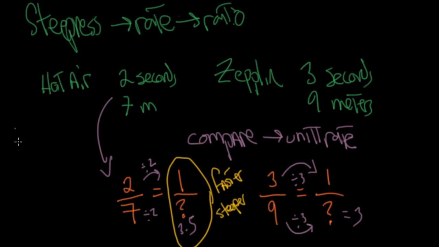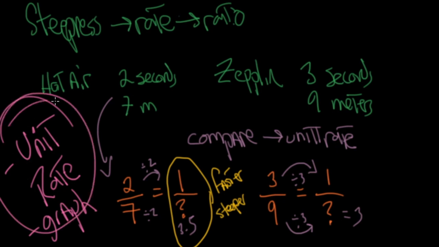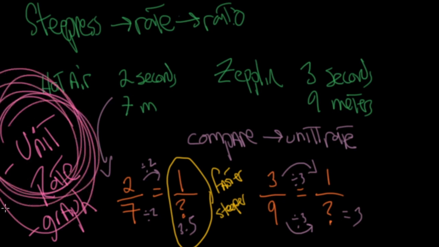But when comparing, think about unit rate. The unit rate is an easy way to compare, and you could also probably graph it, but I'll be very honest with you. Most kids just figure out the unit rate and say which one is bigger or faster or things like that. And there you go. How to compare ratios with a little bit of graphing and a little bit of unit rate.